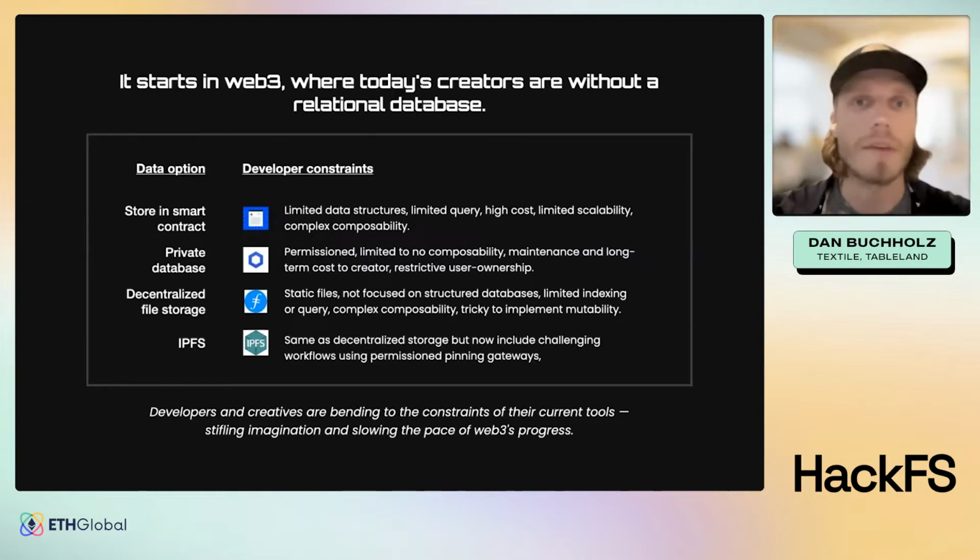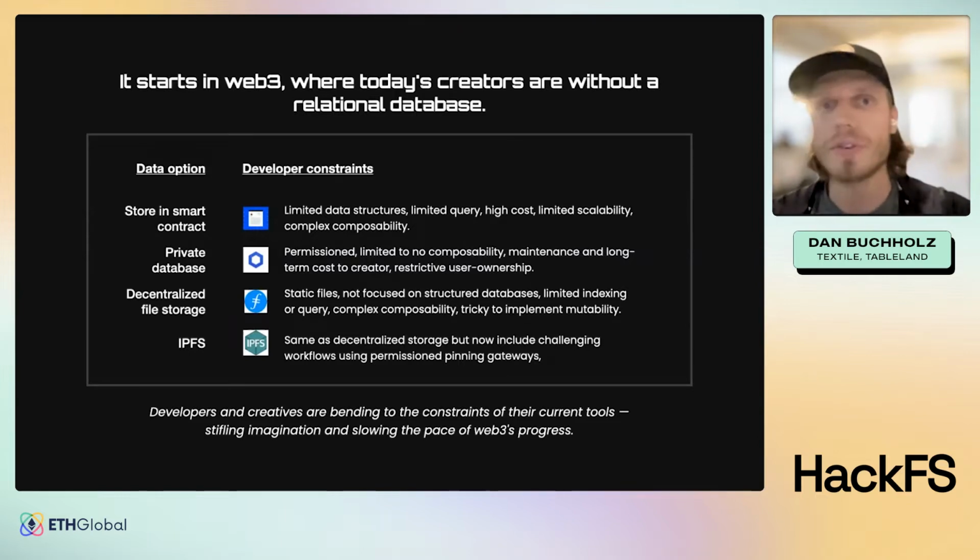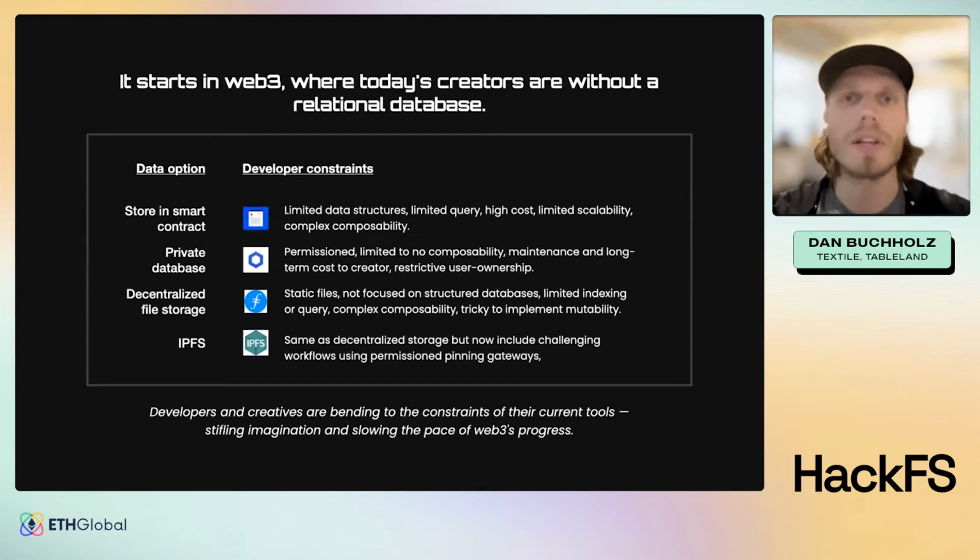If we look at a private database, for example, AWS or Google Cloud, there are a lot of limitations with that if you're storing something like NFT metadata on those solutions, because it kind of takes away the whole point of decentralization and enabling composability in a straightforward fashion. So not the best solutions available in smart contracts, not the best solutions for storing things like metadata in private databases, and then even decentralized storage.